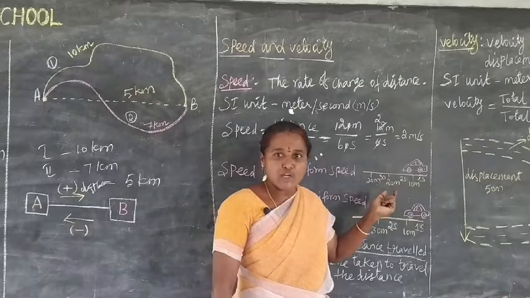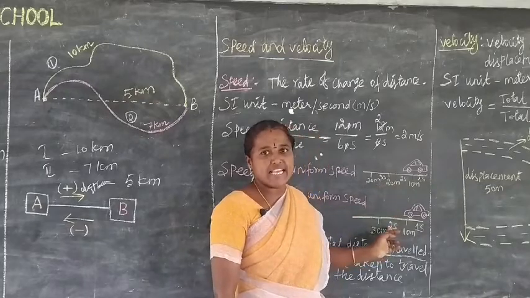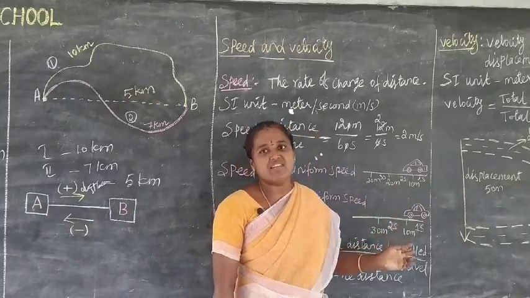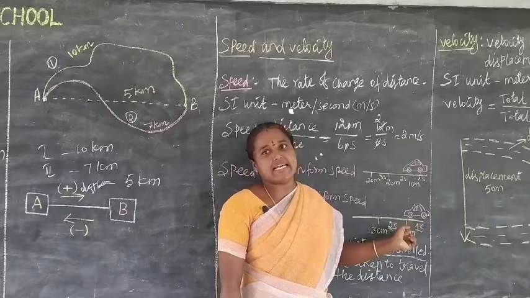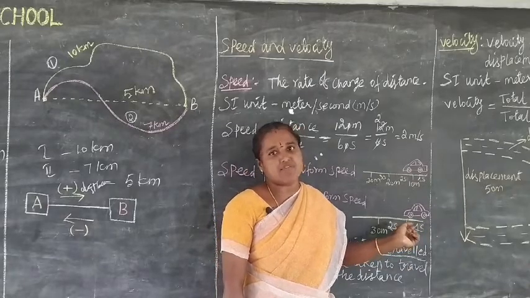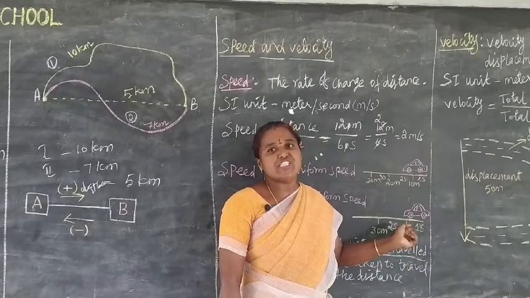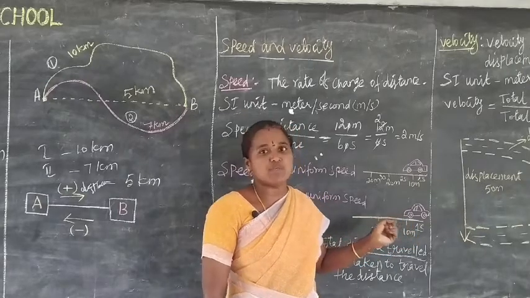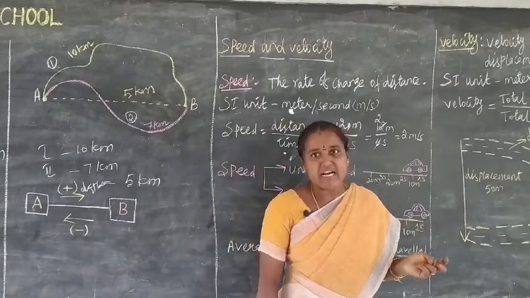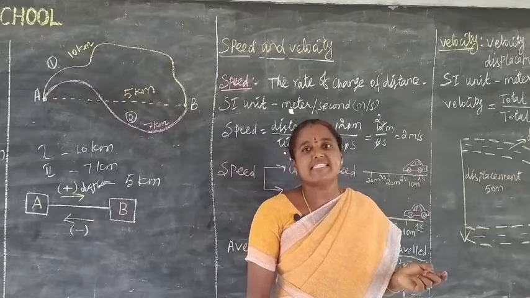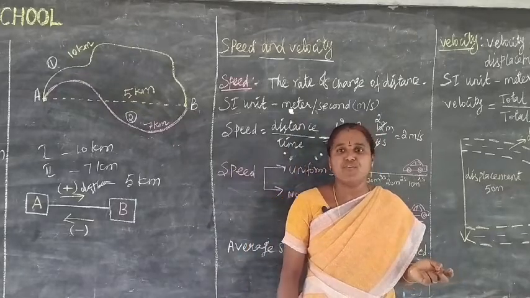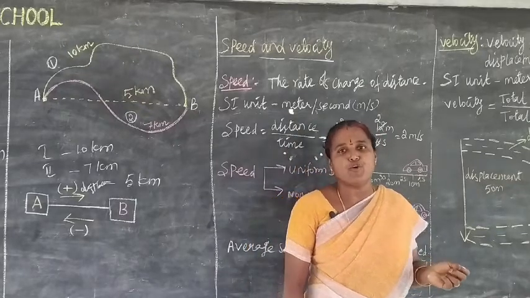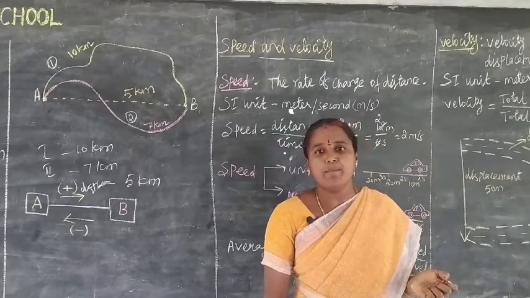Next one, non-uniform speed. If a body covers unequal distances in equal intervals of time, the body is said to be in non-uniform speed.